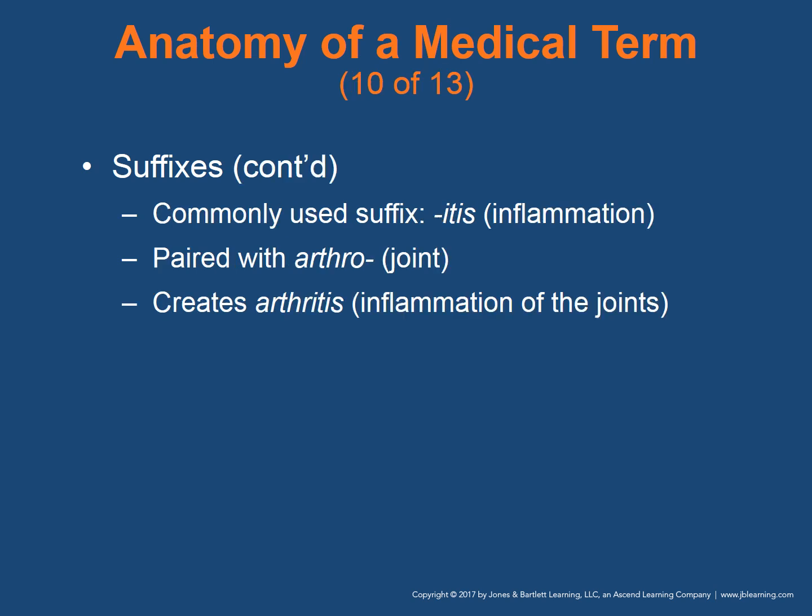Commonly used ones are like itis. Itis means inflammation. So if we break down the word pericarditis, peri means around, cardi is the heart, and itis, inflammation. Pericarditis is an inflammation of the sac around the heart, right?